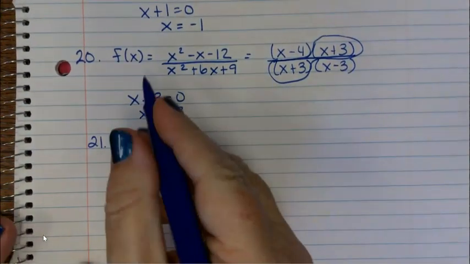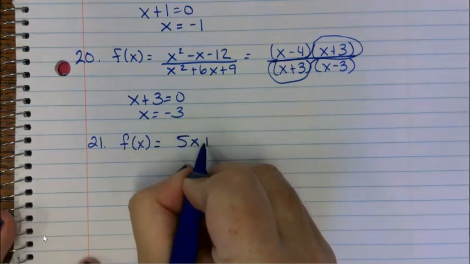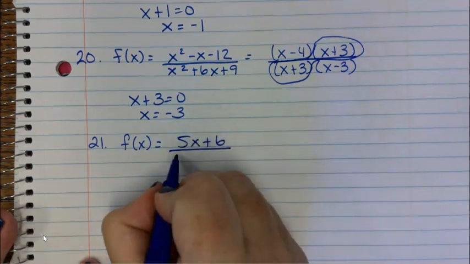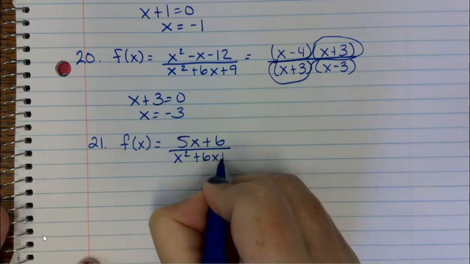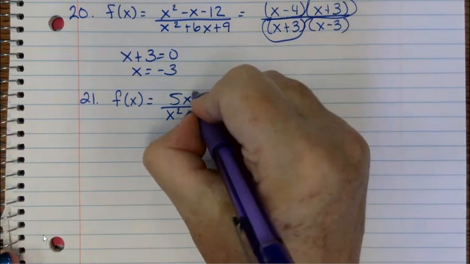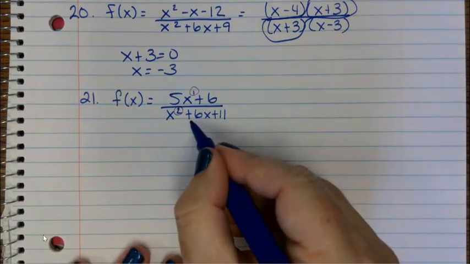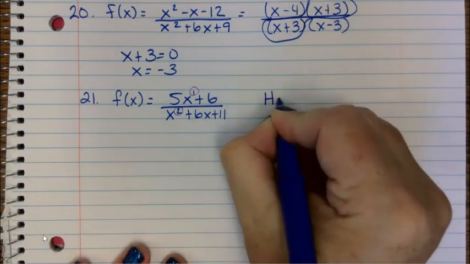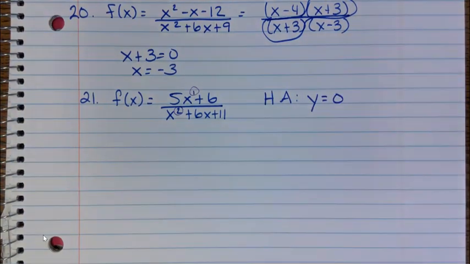So now we're going to go find some horizontal asymptotes. Okay, this is where we're going to look at degrees. Here, I have a degree of 1 on top and 2 on bottom. So when I have a degree bigger on the bottom, my horizontal asymptote is at y equals 0.